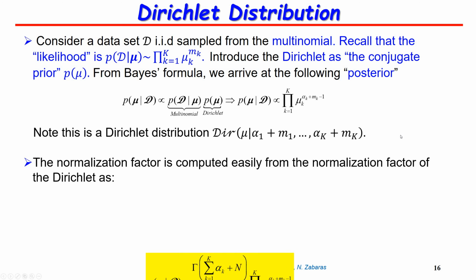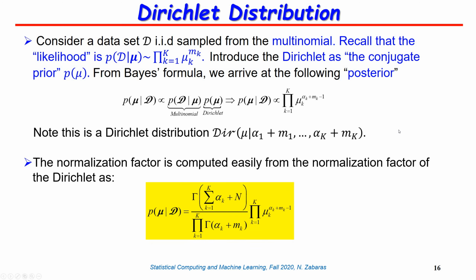Alright, so if you want to explicitly write this distribution with its full normalization, the posterior of mu is given by this nice expression that you see on the bottom, and again it's a Dirichlet distribution with parameters alpha k plus mu k.